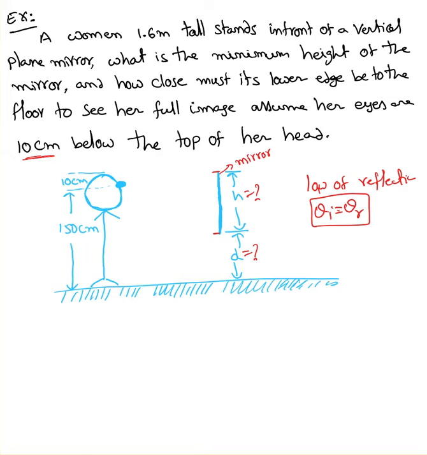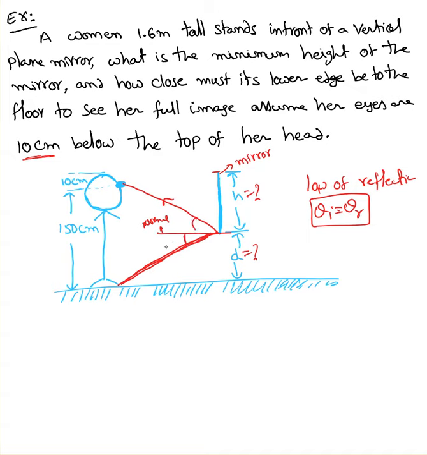Now, first we'll look at here. So the light ray must pass in this way. So basically the light ray must reach in that direction. So all we know is theta I equal to theta r. This is normal.